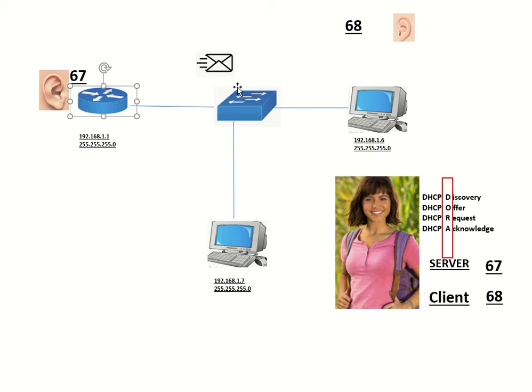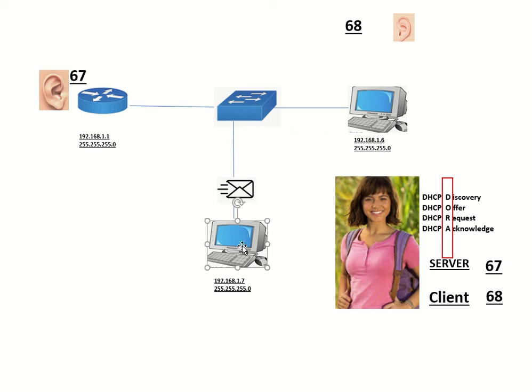So let's just say that the discovery message flag was set by the client to 1. So this DHCP offer message is going to be a broadcast. That means other devices in the network will get the DHCP offer message. When this computer, for example, receives that message, it opens up the message and finds out that it is an IP address offer.